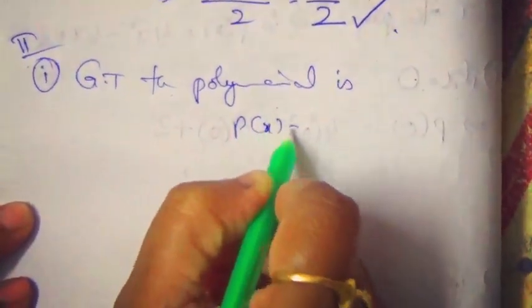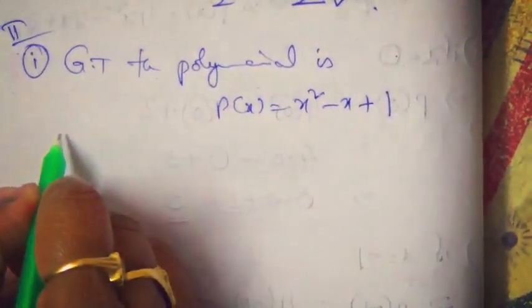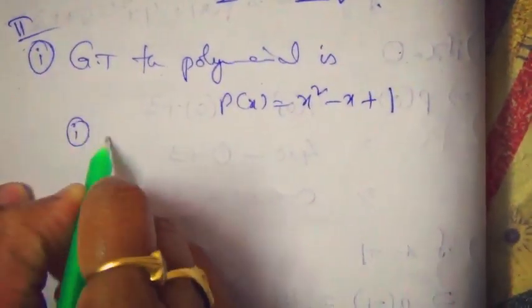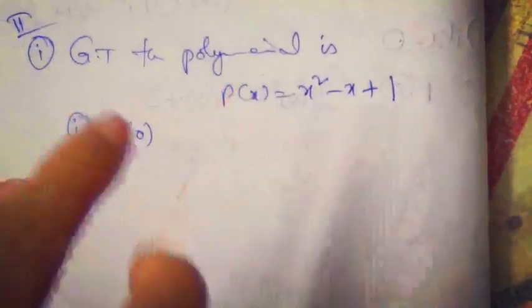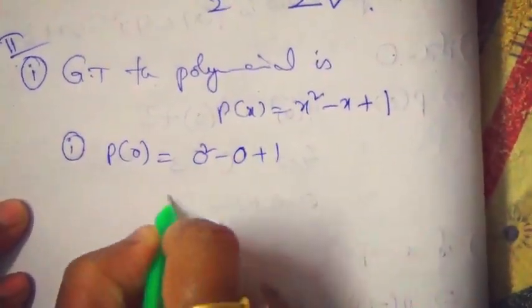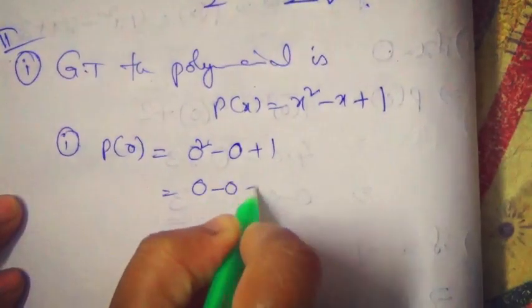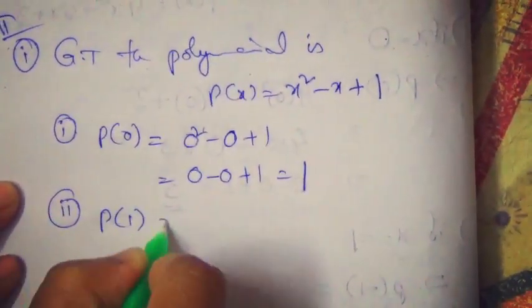Given that the polynomial is p of x is equal to x² minus x plus 1. Firstly we have to find out the value of p of 0, p of 1, p of 2. p of 0 is equal to 0² minus 0 plus 1, that is 0 minus 0 plus 1, which is equal to 1.